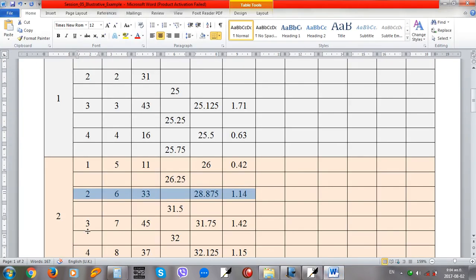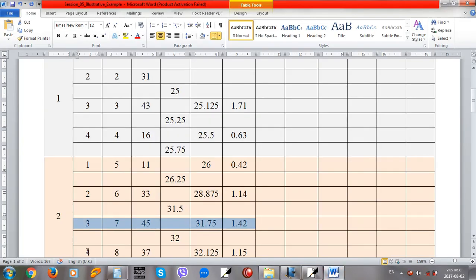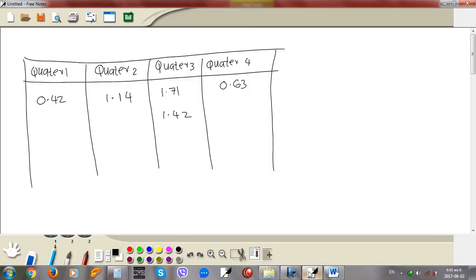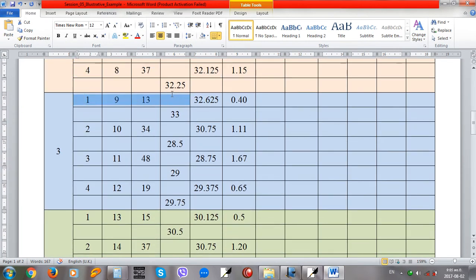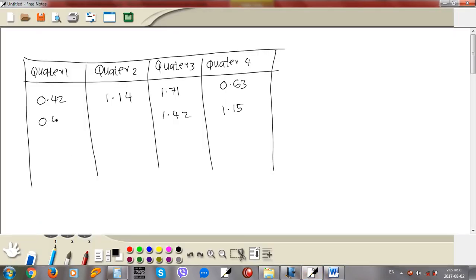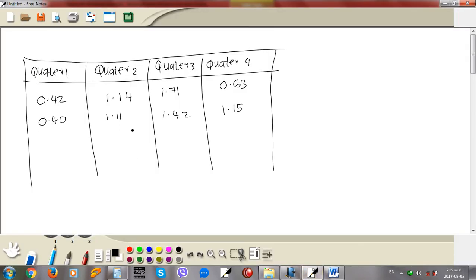Then next is quarter 3, 1.12, and the next one, quarter 4, is 1.15. Next value, quarter 1, is 0.40. Next, quarter 2, is 1.11.